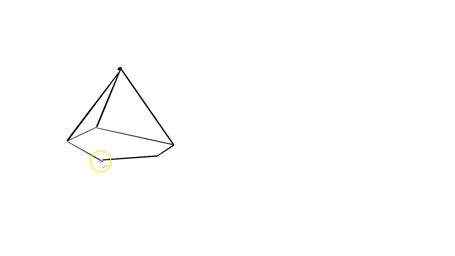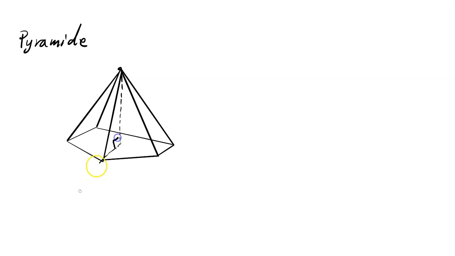Okay, so let's say we have some arbitrary polygon, and we take a point outside of it, and we connect that point to every vertex of the polygon, like this. Then we have made what is called a pyramid. This is a pyramid. And we have the height of the pyramid, this distance here, where we go 90 degrees up.